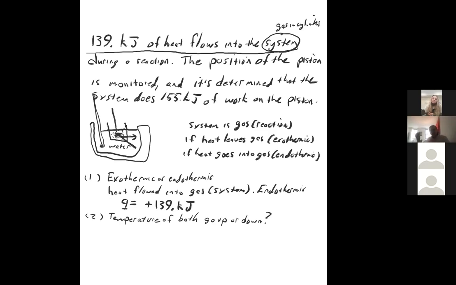The thermometer is put in the water. It's not put in the gas. If you measure the temperature of the gas, it would be different. But since the thermometer is placed in the water, you have to look at what happens to the water. So if the heat went from the water, the temperature of the water will go down. Our answer here would be that the temperature of the water would decrease.